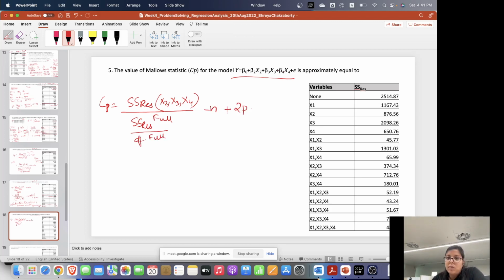For this problem we have 1, 2, 3, 4 unknown parameters, hence p is 4. So we will just replace with the values for x2, x3, x4.